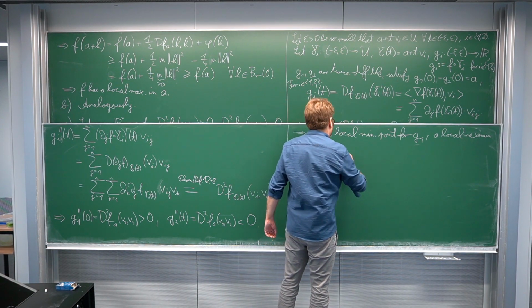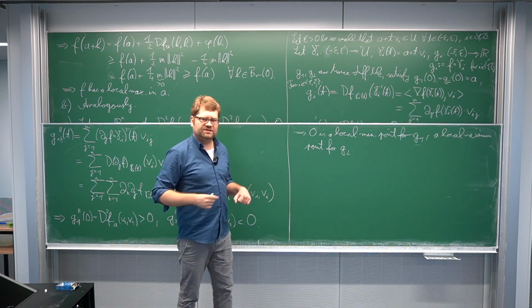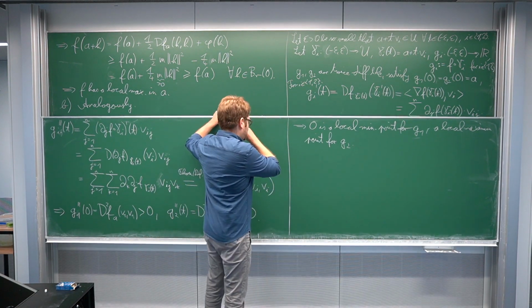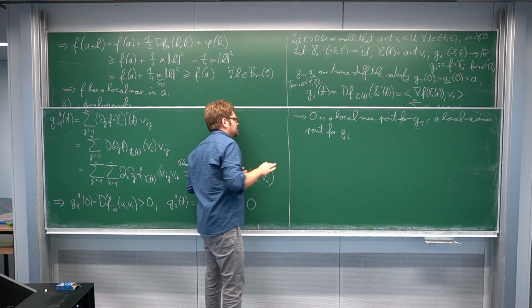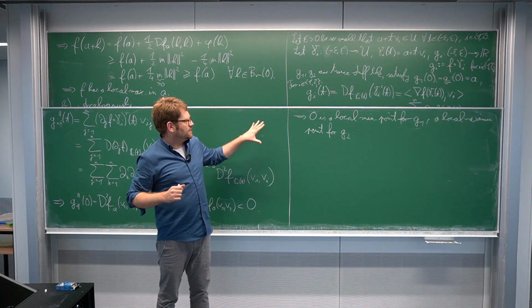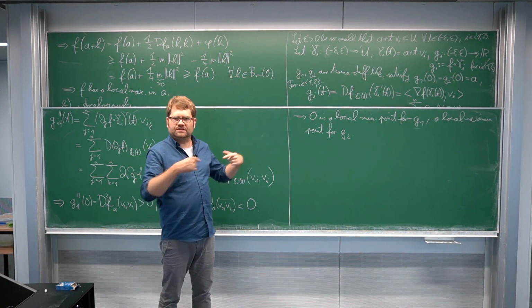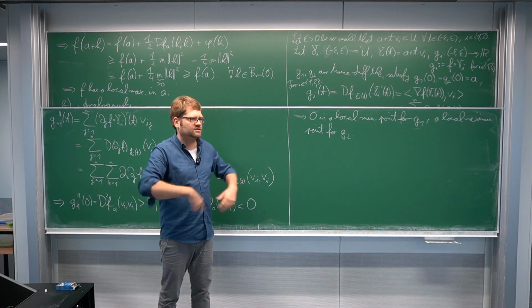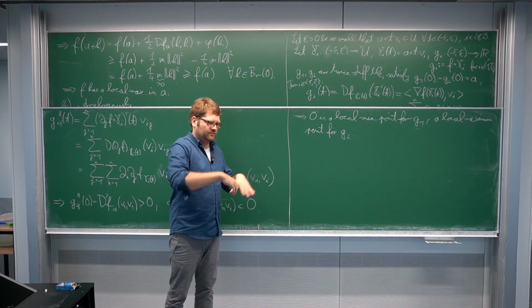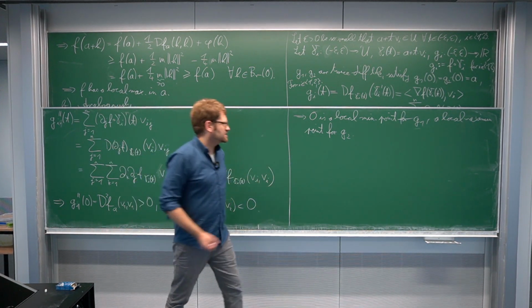So we have two curves going to the same point. Maybe it's hard to draw, I will show you an example later, but here you have basically two directions going to the point. In the one direction, the values are getting bigger. In the other direction, they are getting smaller. So it cannot be a maximum or a minimum.